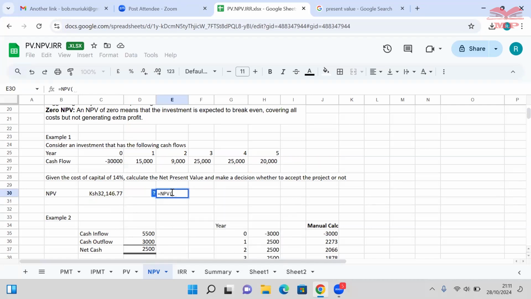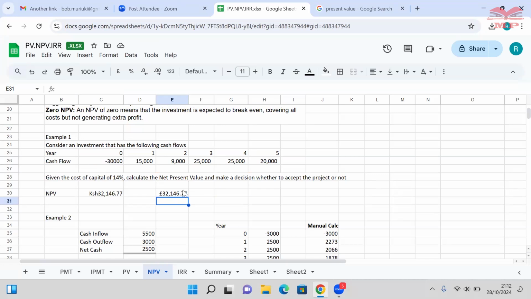Then you start with the rate. You'll be given the rate in the question. Then comma, all the cash flows. You might be presented with a scenario where you need to calculate the net first. Then you will add the starting amount, and that should give you the net present value.